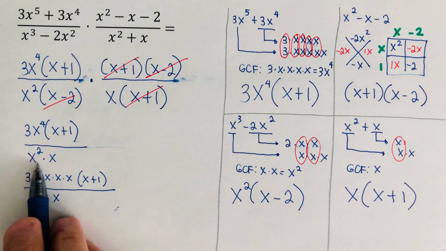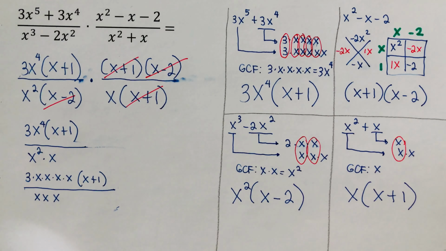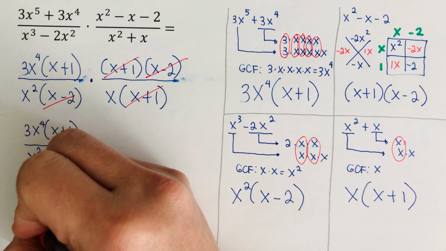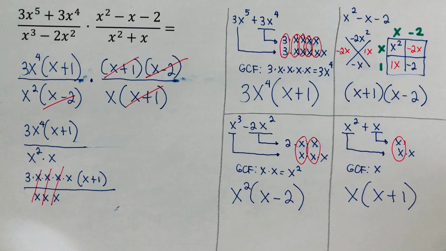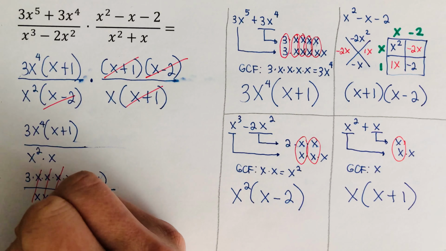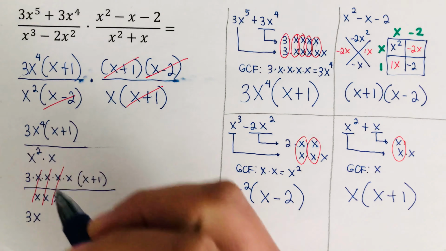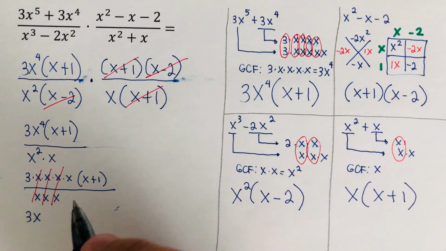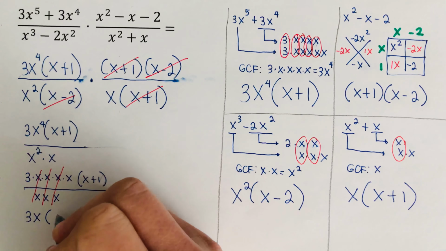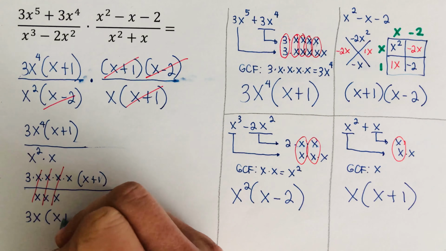So pretty much there are 3 x's at the bottom. So that again, we cross this out. So these 2 get crossed out, these 2 get crossed out, these 2 get crossed out. So we are left with 3x, and that is over 1. So there's 1 right there, but we still have the parentheses x plus 1. So I can go ahead and write x plus 1 right there.